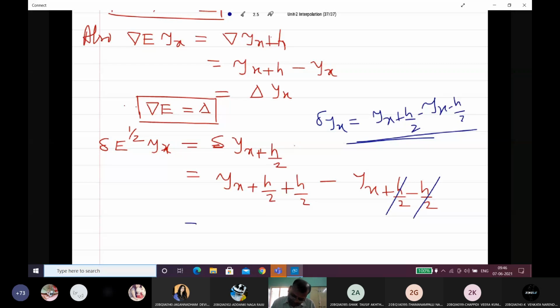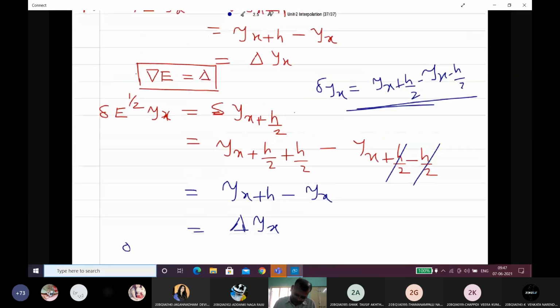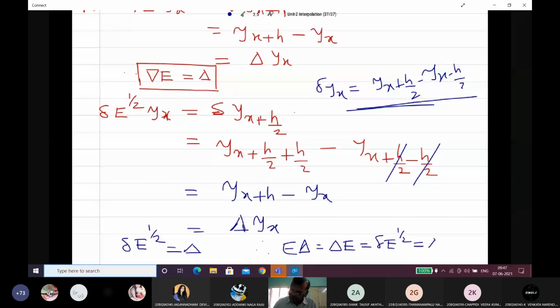That is equal to y x plus h minus y x. This is nothing but delta of y x. Therefore, del E power 1 by 2 is equal to delta. Finally, we have E delta is equal to delta E is equal to del E power 1 by 2 is equal to delta.